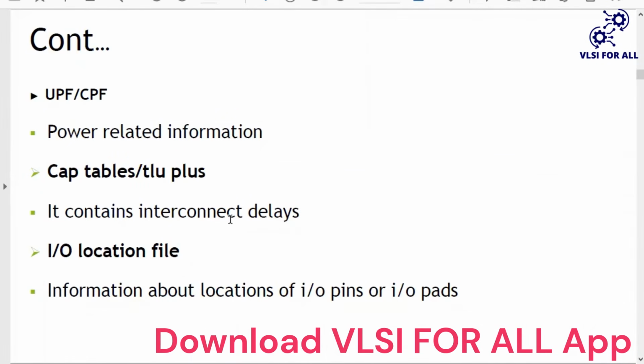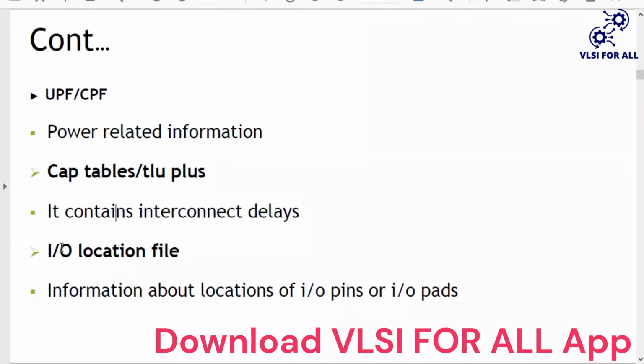That is called interconnect delay. How one input and output connection is made depends on the wire required. Wire is nothing but metal. For every metal there are resistance values and capacitance values. Those combinations we can define in the TLU plus and mapping files.